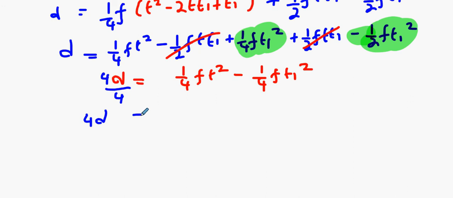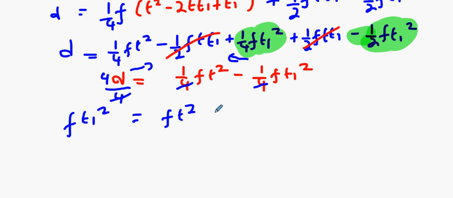Now, I'm going to actually move that one to the left and the 4D to the right, as it turns out. So I'm going to get, and remember the 4 no longer exists, so it's going to be f t1 squared equals f t squared minus 4D.